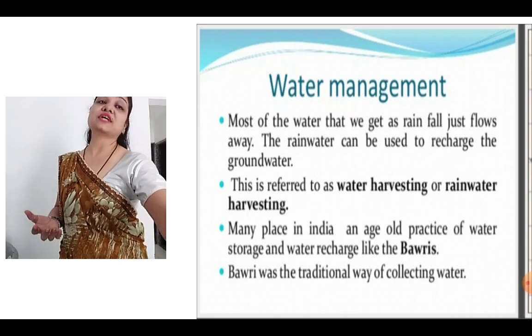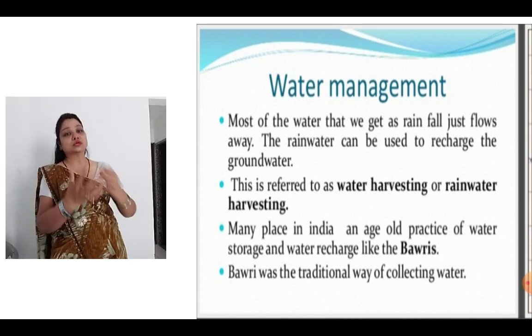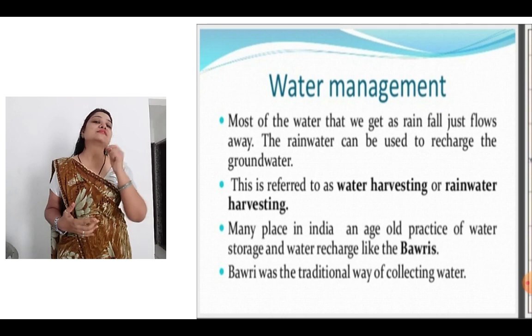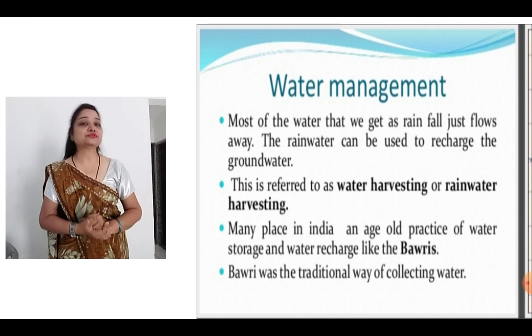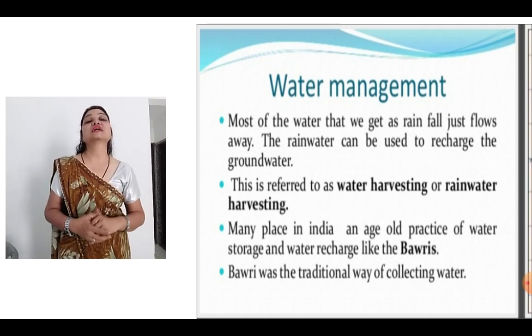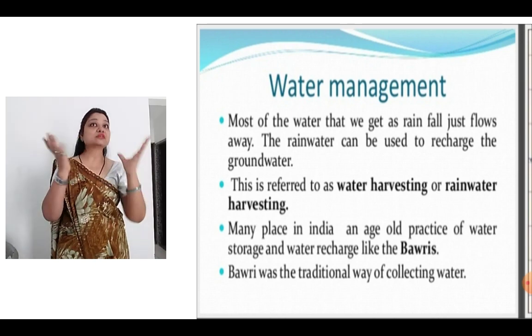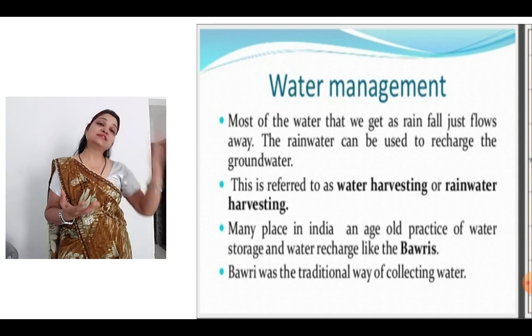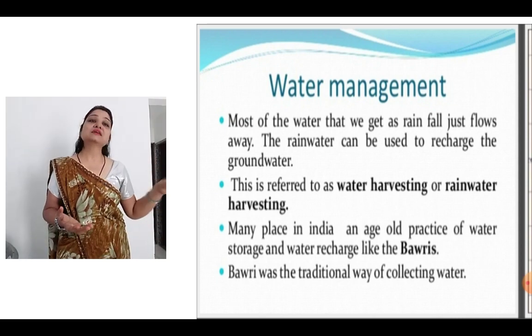And for this we have to do something, that is water management. How do we do that? The very common and easy thing you can do is rainwater harvesting. It is done on the roofs. When rainwater comes, it directly flows from the pipes to the drains.